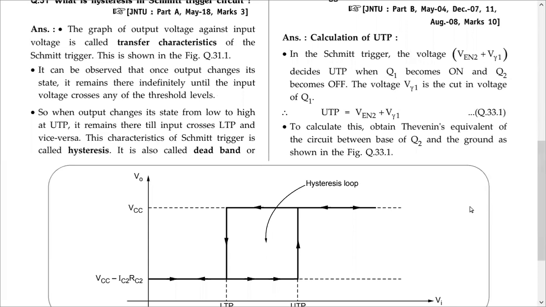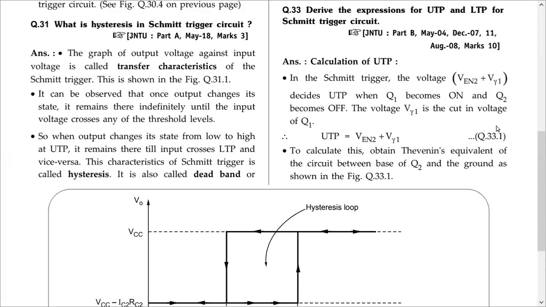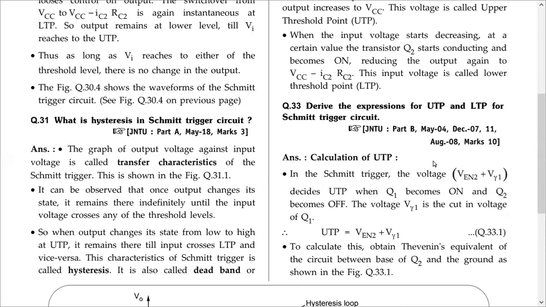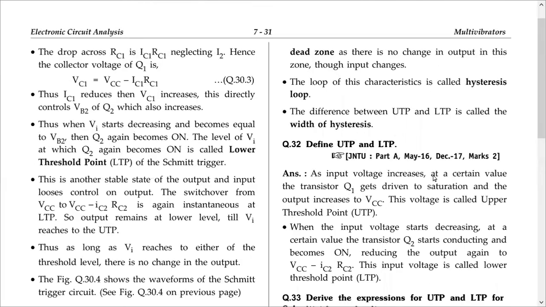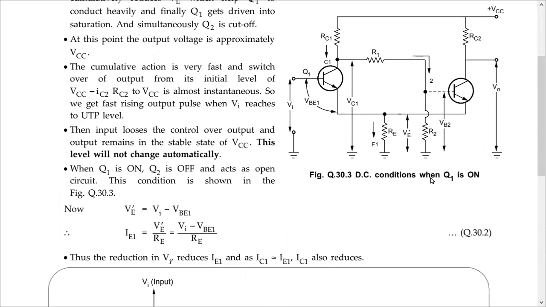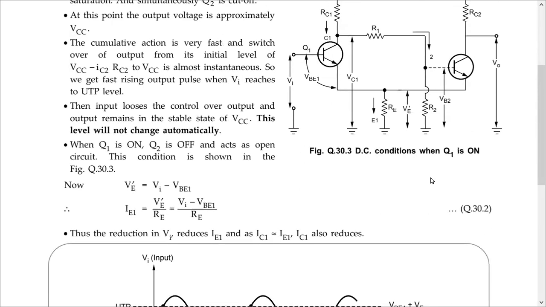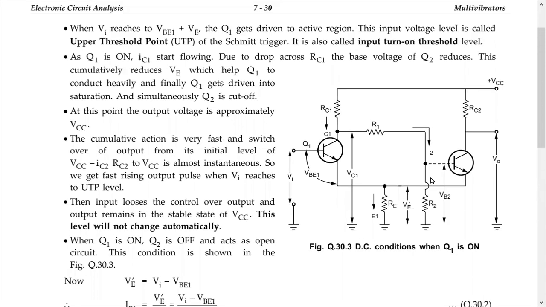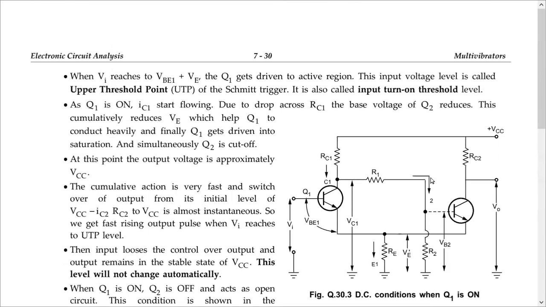Next, let us discuss the expression for the upper threshold point and then the lower threshold point. Before we go for the derivation, let us quickly see when we need to consider the upper threshold point.